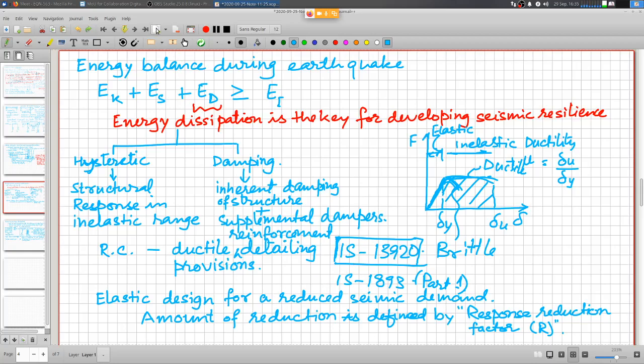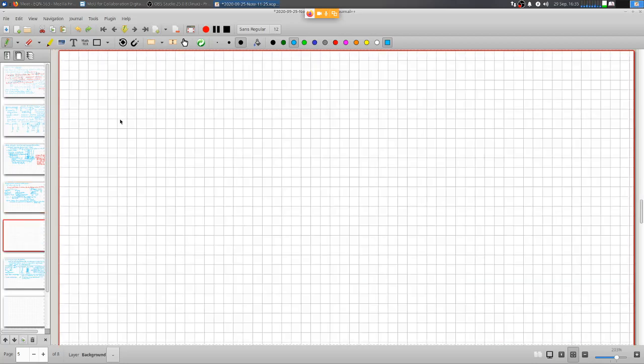Right, so I will add one slide in between. I had mentioned earlier that this response reduction factor is contributed by three aspects.